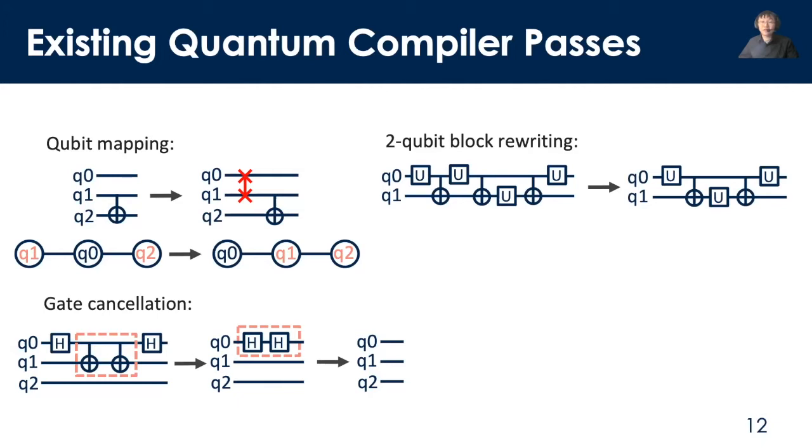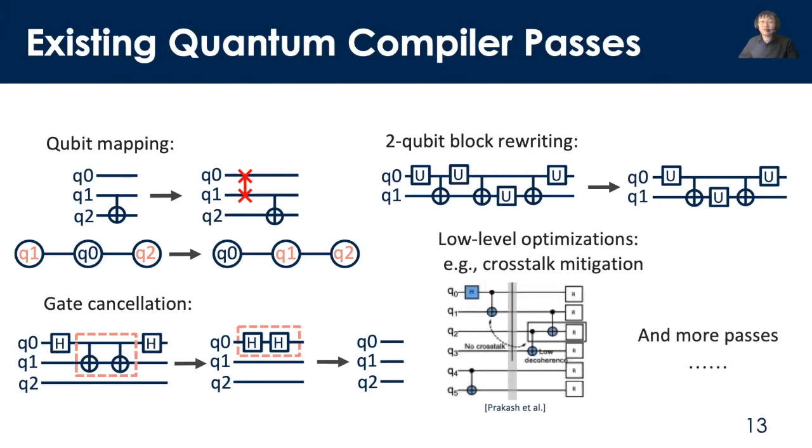Like we look for a bunch of gates at 2-qubit level and try to calculate its gate matrix, and resynthesize it using fewer gates for better performance. And recently, people are looking into more and more detailed hardware information. For example, we can schedule the gate execution of concurrent gates to mitigate crosstalk effects. And we have many more paths out there.